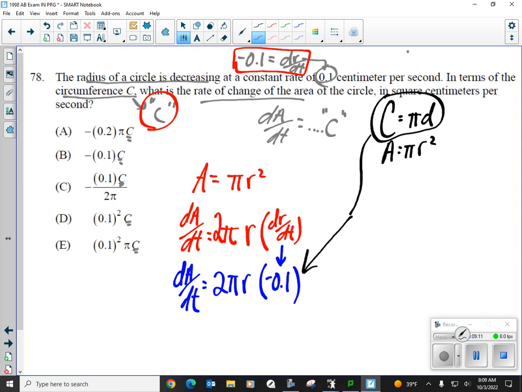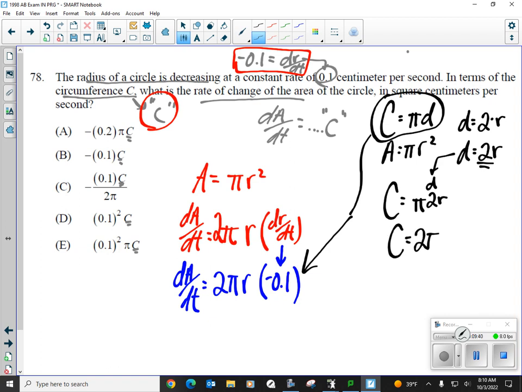The thing is, I have r, not d. Isn't the diameter just twice the radius? So my diameter is really 2r. That's not bad at all. So instead of pi times diameter, for my diameter I'm going to put 2r. So circumference can really be written as 2 pi r.